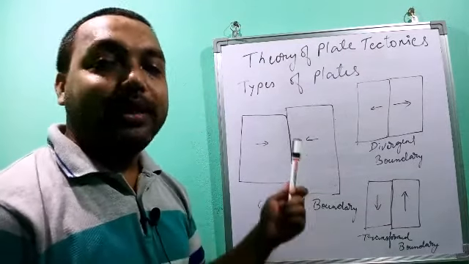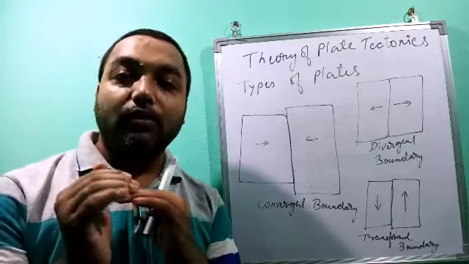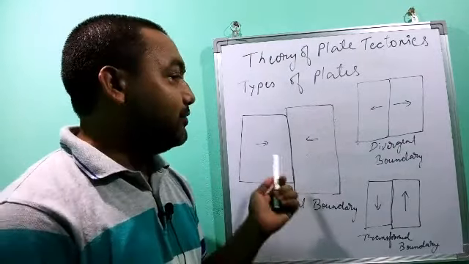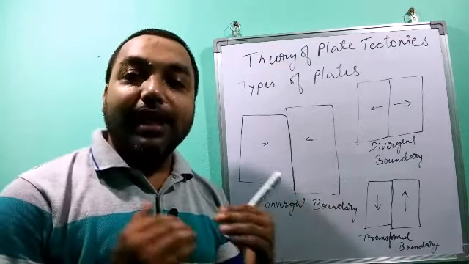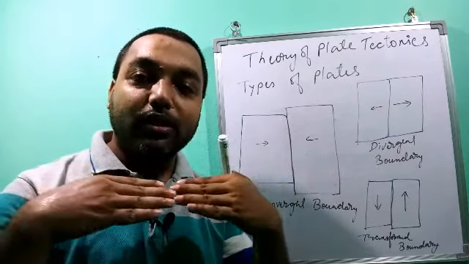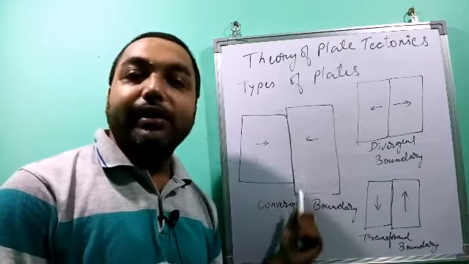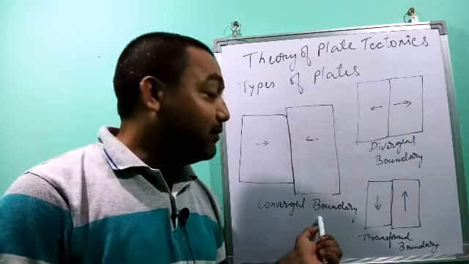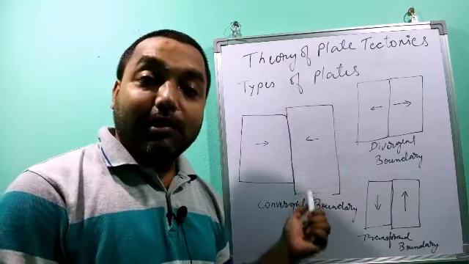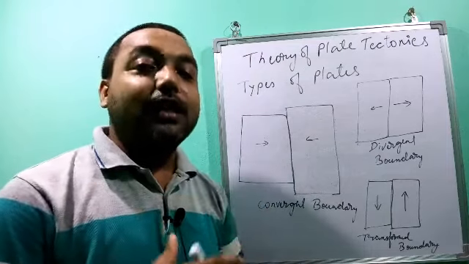The different kinds of plates according to this theory are divided according to their movement, which way they move. If there are two plates side by side and they both are coming towards each other, the boundary between this type of plates is known as a convergent boundary. They are coming towards each other.